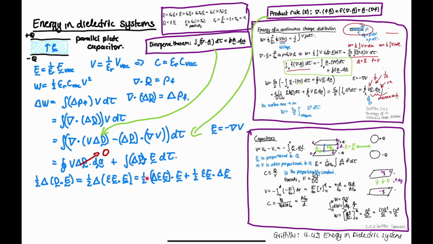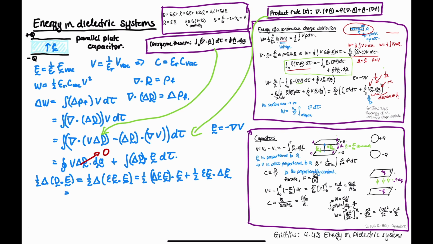It's the permittivity, so we can move it out the front. And so both these terms are actually going to look the same. We're going to end up with a half epsilon delta E dot E plus a half epsilon E dot delta E, and it doesn't matter which order we do the dot product in, so this is equal to epsilon E dot delta E.